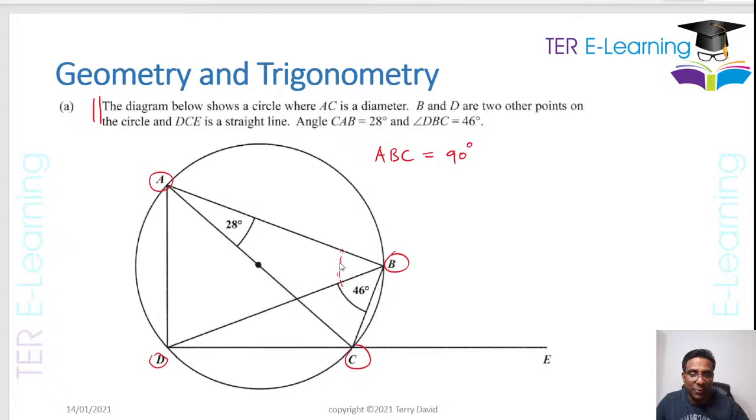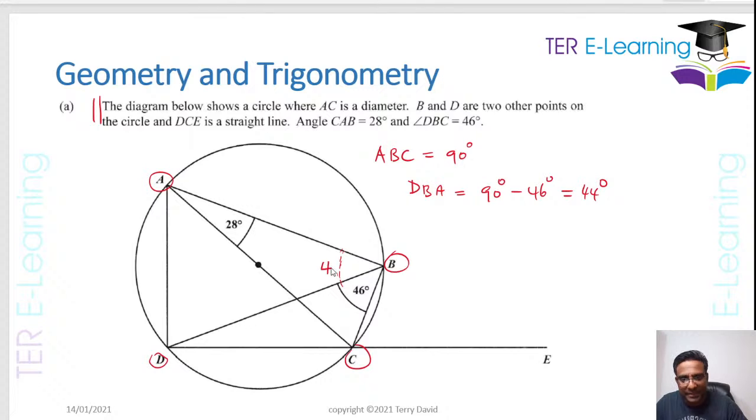So therefore, if we want to get that angle they want us to find, which is DBA, so angle DBA has to be equal to 90 degrees minus 46 degrees, right? That's how we're going to get that angle. So it's 90 minus 46. And what I'm going to get here is 44 degrees, right? So that's my angle here. Now, what I suggest you do, every angle that you work out, you should try to put it on the diagram one time.